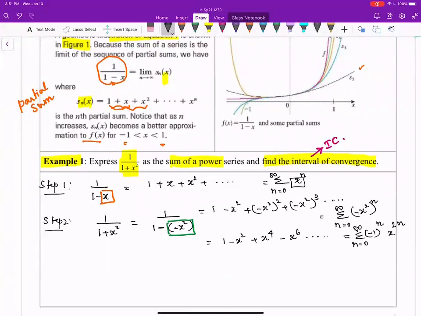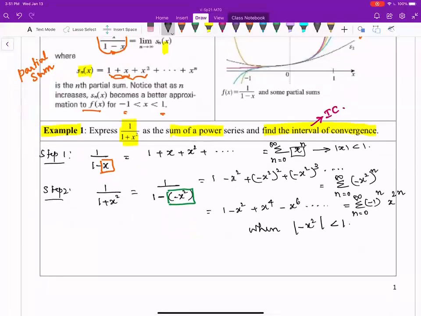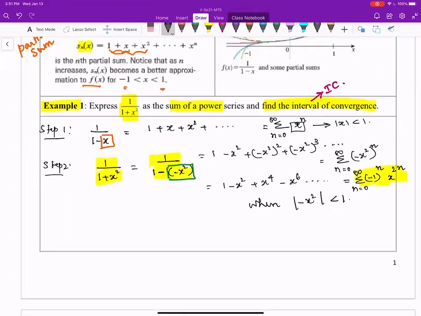So you can write like this whenever absolute x is less than 1. Here it converges when absolute negative x squared is less than 1. You can write this power series only when the common ratio is less than 1, which means absolute x squared is less than 1, which implies that absolute x is less than 1.